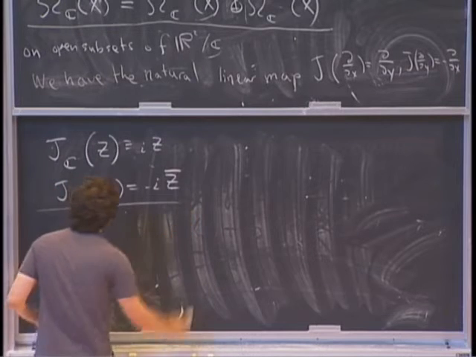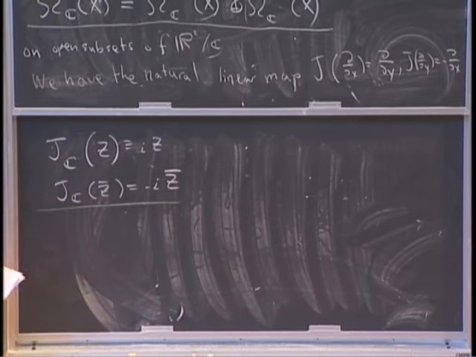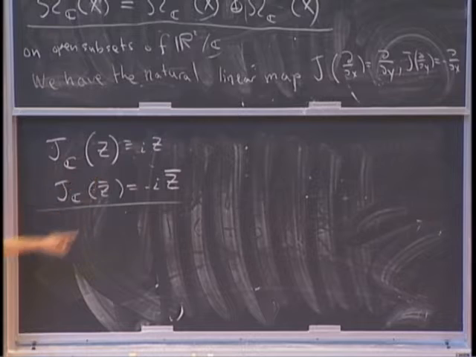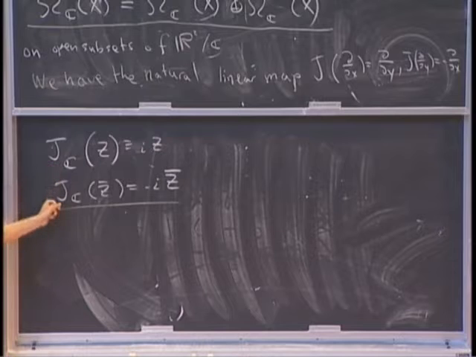We've already mentioned this, but it's good to see it. And similarly, once you can act on vector fields, you can dually act on forms, and you see that if you take the dual operator, then exactly the 1,0 forms are the i eigenspace, and the 0,1 forms are the minus i eigenspace of the dual action. So you should check that, at least up to sign. I'm not good at signs.